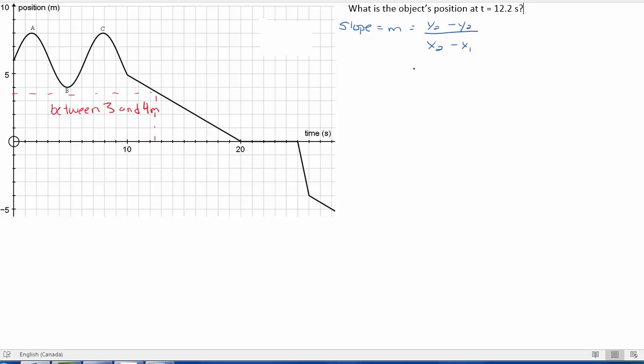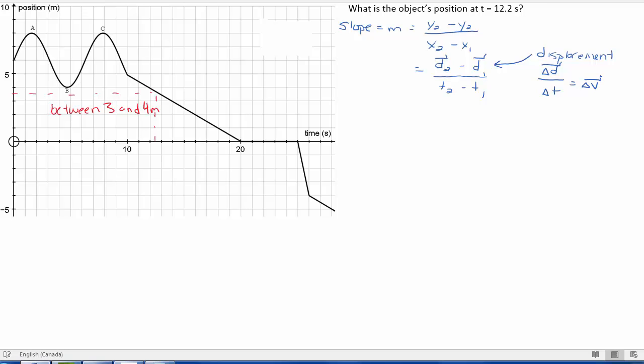I actually want to calculate what that object's position is. So I need to find the y coordinate, or essentially the position coordinate, for the specified time coordinate, so given the x. If I want to find the slope of this line segment, how would you treat this in math class? You would say the change in y divided by the change in x. So I can say y2 minus y1 divided by x2 minus x1.